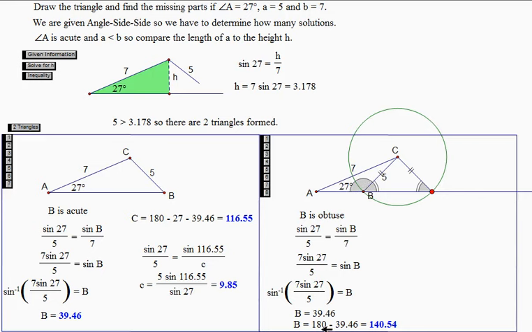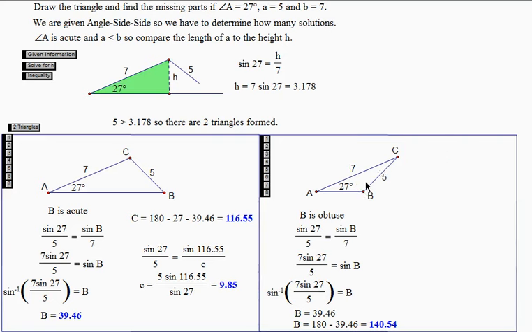We could simply do 180 minus the 39.46, and that's going to give us angle B over here. I'm going to get rid of some of these things that I added in here. So we found here angle B is 140.54.